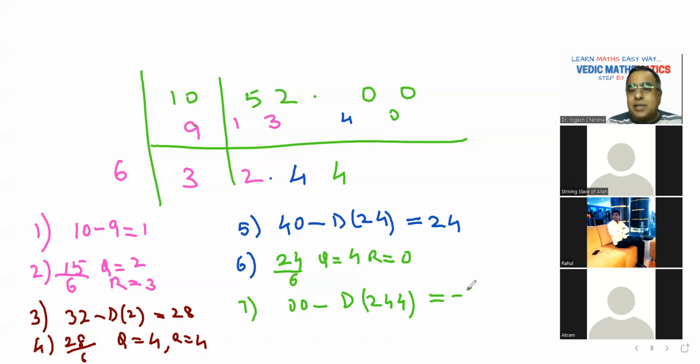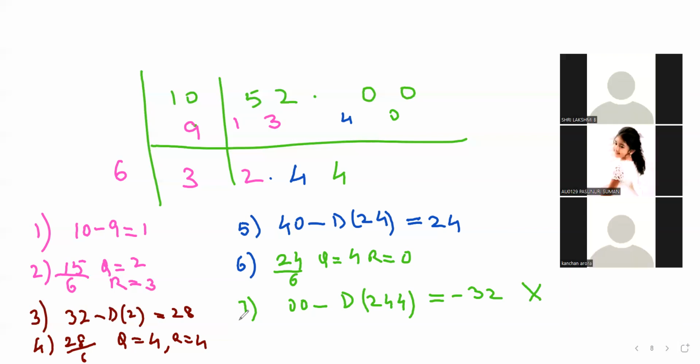So it would be minus 32, and we cannot take this. So generally, first we go by this route, then we'll see. Duplex of 32: 2 fours are 8, 8 fours are 32. Duplex of 32 is 64.